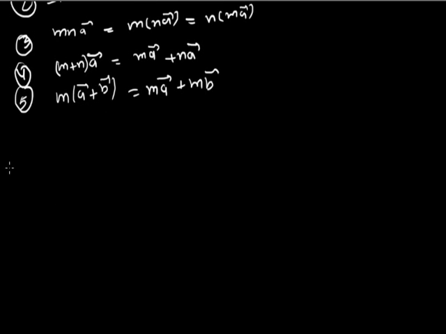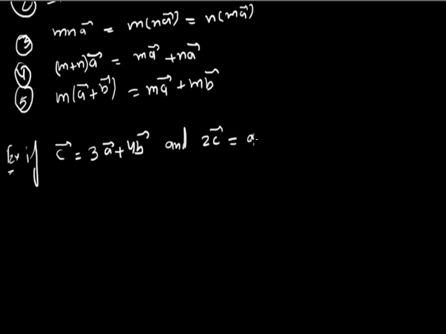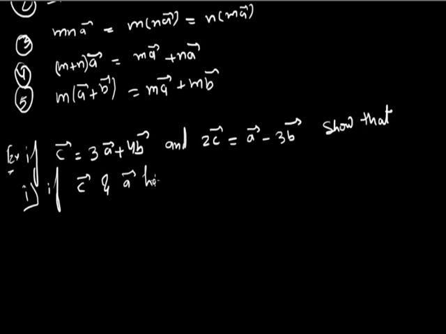Now let's take an example. If c vector equals 3a vector plus 4b vector and 2c vector equals a vector minus 3b vector, show that: first, c vector and a vector have the same direction and the magnitude of c vector is greater than the magnitude of a vector.